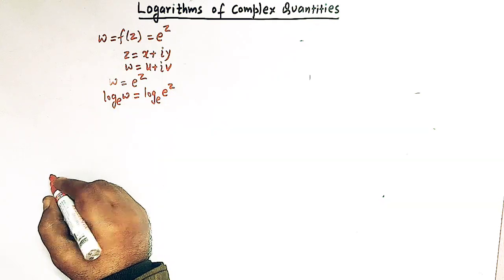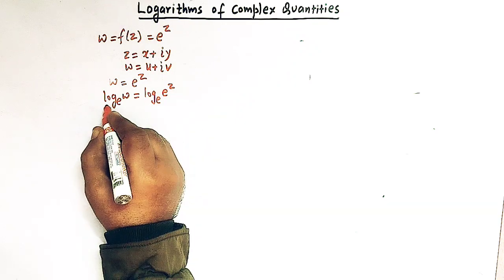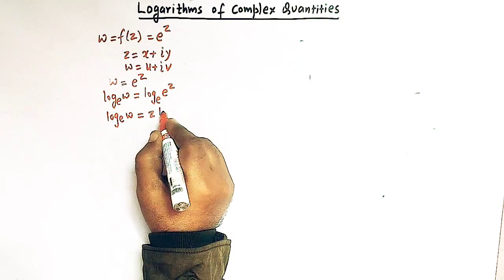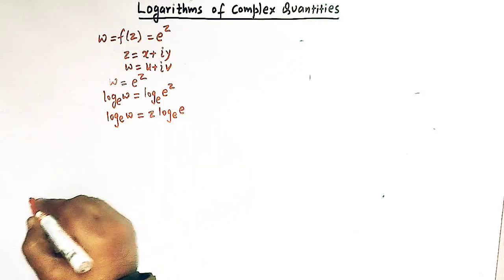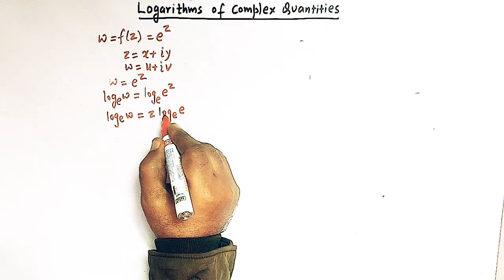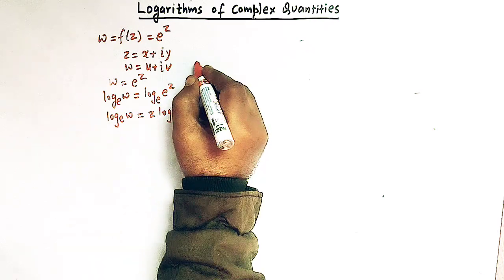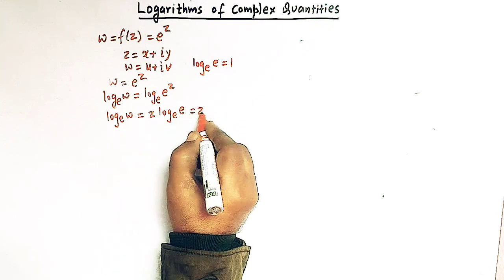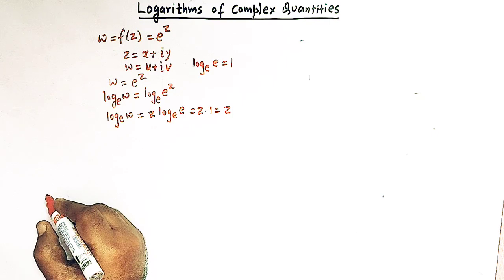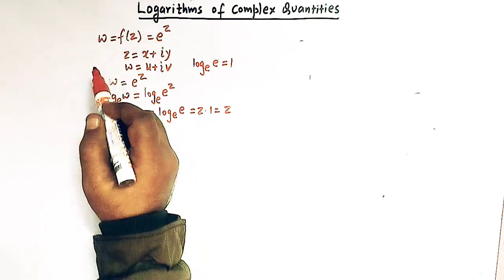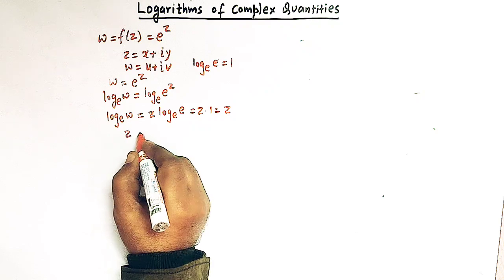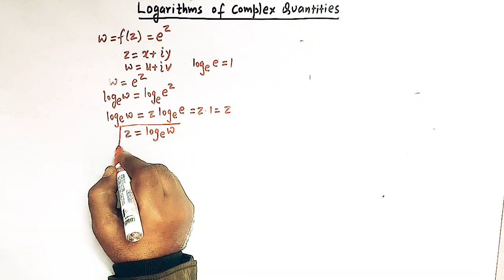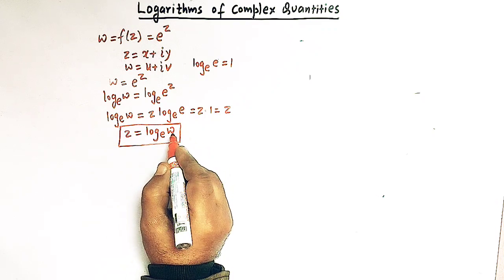So we can write log w is equal to z log e. Now logarithm of e to the base e is 1, that is log e is 1. So we can write z times 1, that is equal to z. So the logarithm of this complex number w is equal to z. So we have now the definition of logarithm of w.